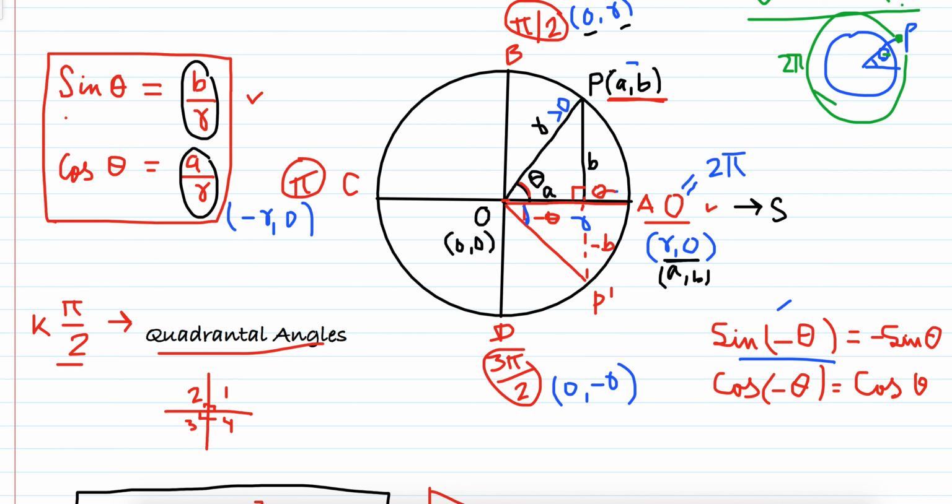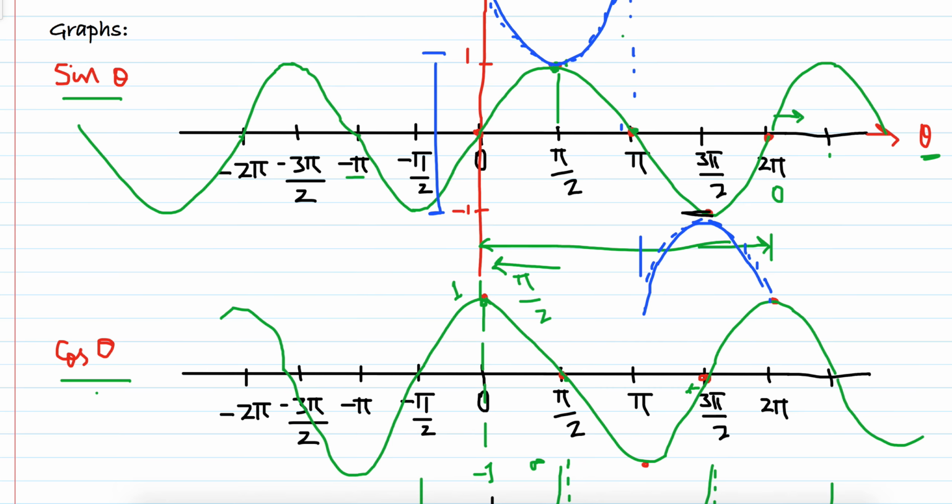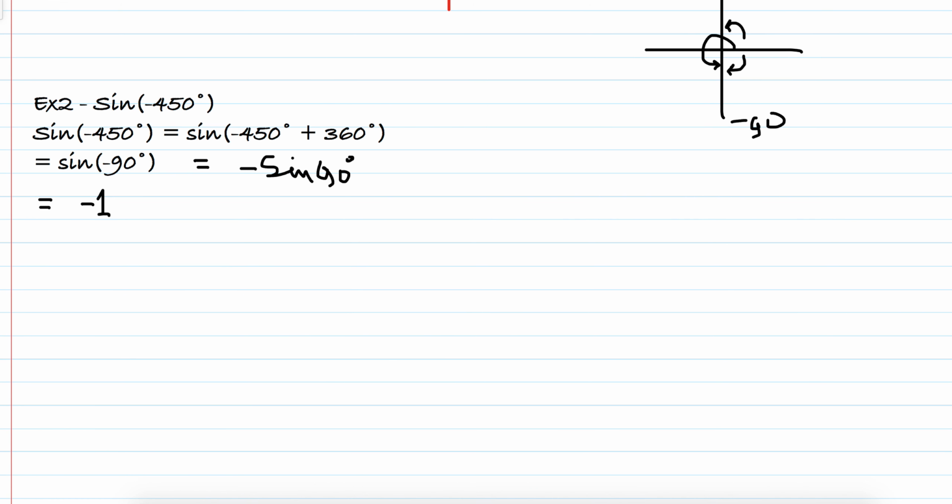This value is minus B now, so it becomes minus B upon R, and B upon R is sine theta, so this becomes minus sine theta, and this remains as A by R, and A by R is equal to cos theta. So cos minus theta is equal to cos theta, but sine minus theta is equal to minus sine theta. So this thing we should remember, it will be very useful.